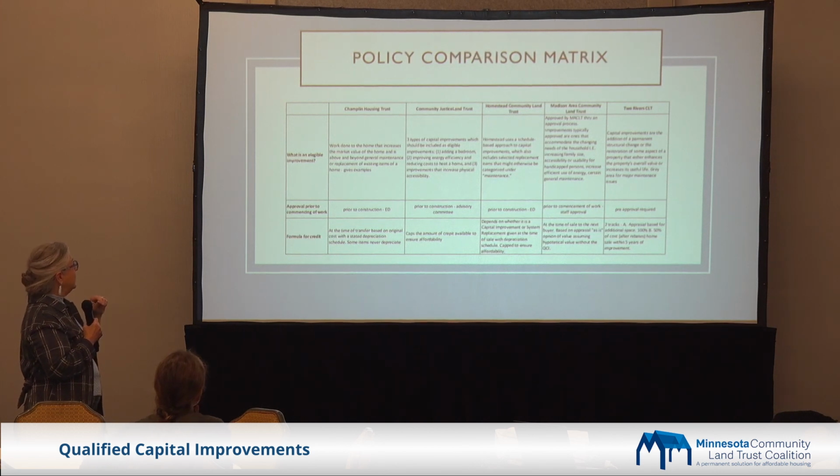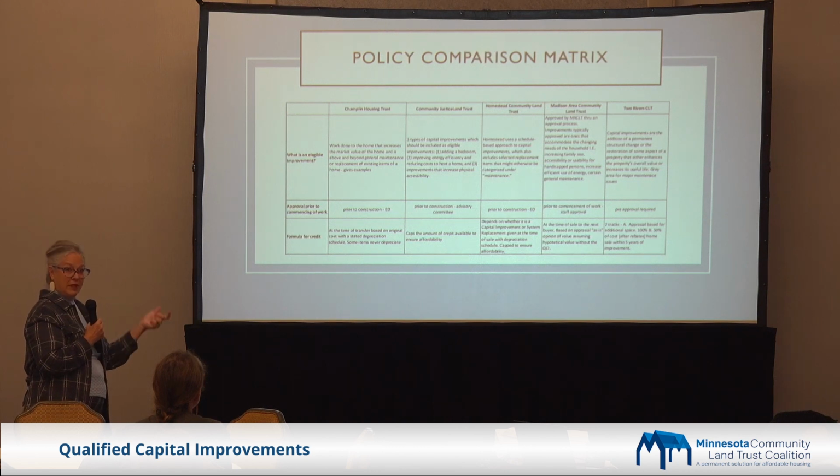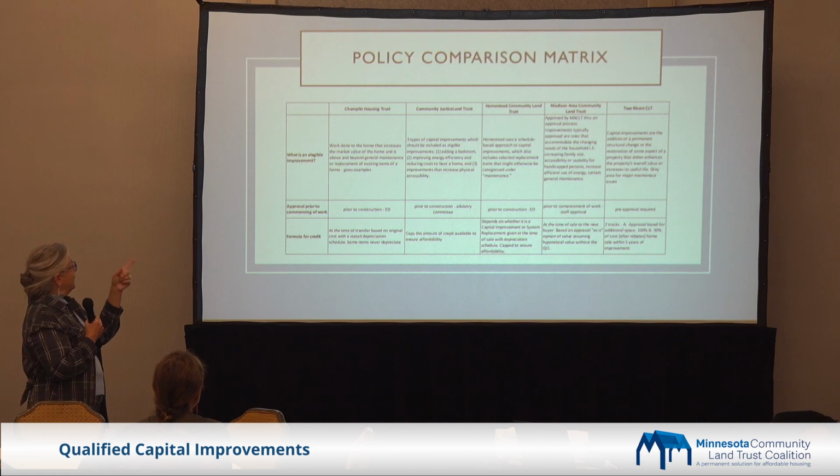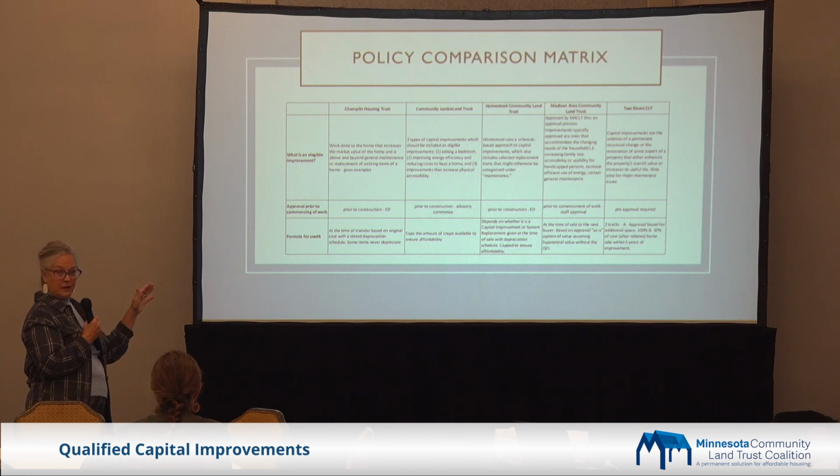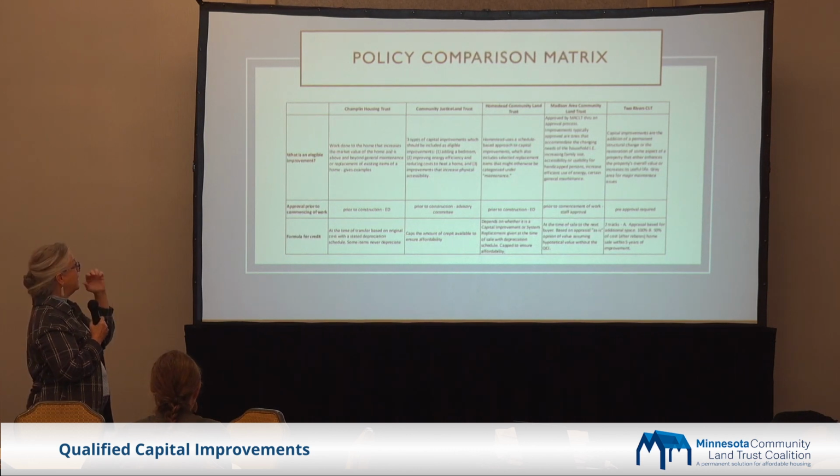Homestead, they use a schedule-based approach to their capital improvements, which also does some of the replacement costs. And some things might be categorized as a capital replacement, others as simply maintenance. The Madison Area Land Trust, everything goes through an approval process, so it's not clear-cut right from the beginning. If you want to do something, you come in and there's a committee and a board that looks at it and approves it.